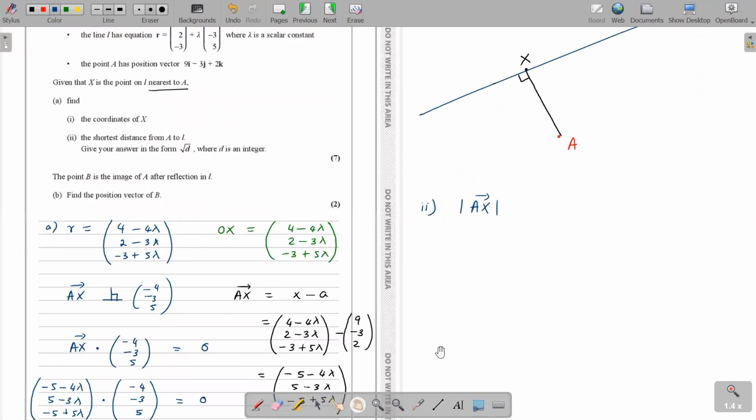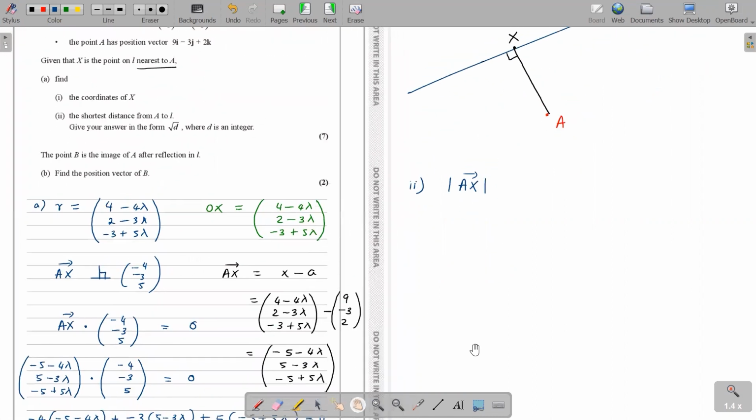Did we find the AX vector? We have it in terms of λ, right? So we'll first have to get the AX vector properly and then we'll get the modulus. Can you all get me the value? -5 minus 4λ, with λ as 2/5. I'm replacing the λ value in the AX vector here. 5 minus 3λ, and -5 plus 5λ.